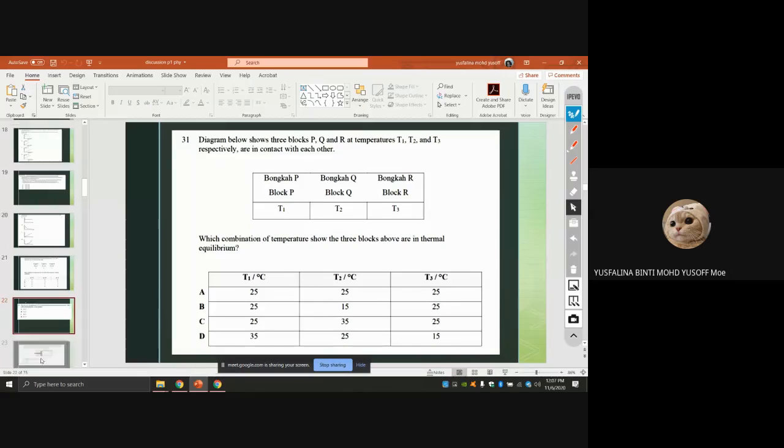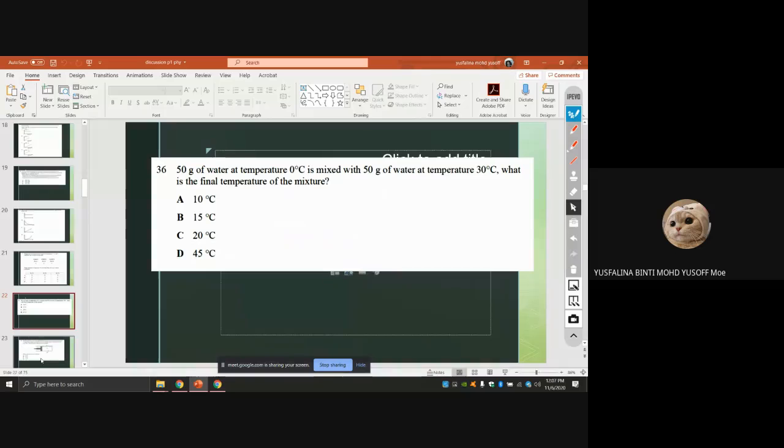Okay, next one. 50 gram of water at temperature 0 degrees is mixed with 50 gram of water at temperature 30 degrees Celsius. What is the final temperature of the mixture? So let's say I have two beakers here.